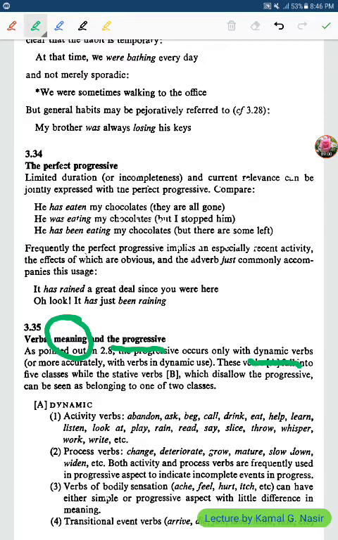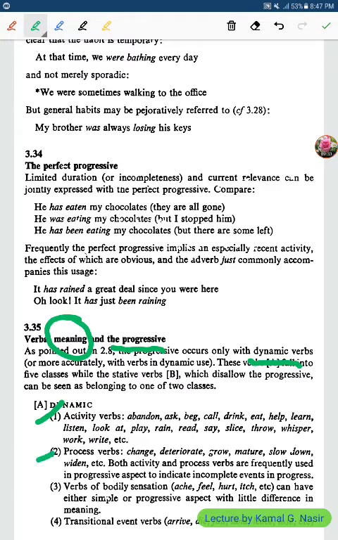First, activity verbs. What do we call these verbs? We call them activity verbs. So if I ask you in the examination, give me 2 activity verbs in 2 sentences, you give me one of these verbs, for example, abandon, ask, beg, call, drink, etc. These are activity verbs.